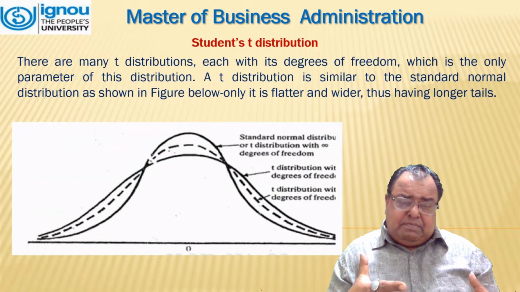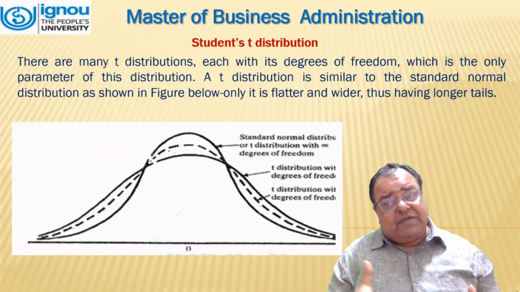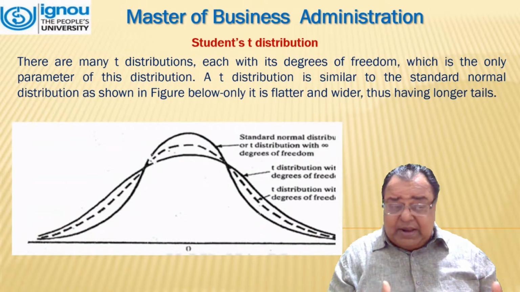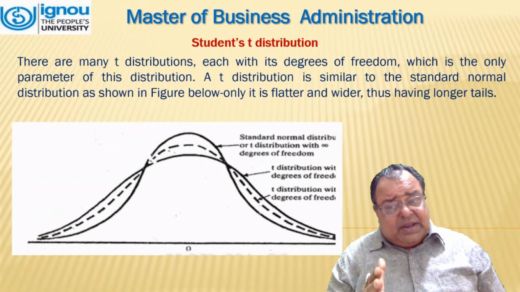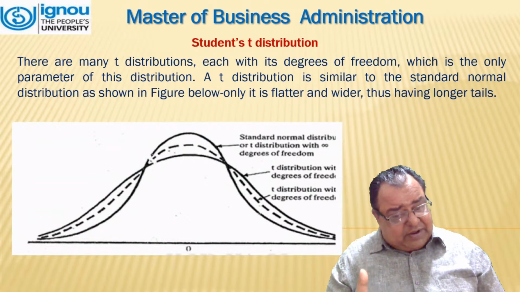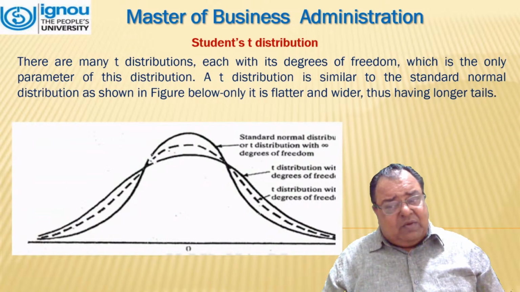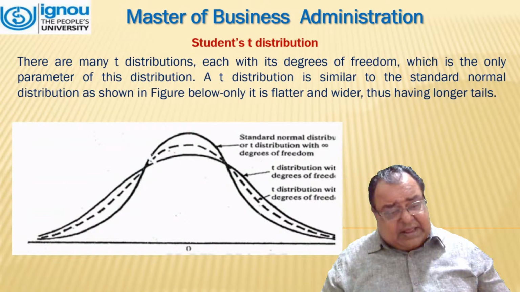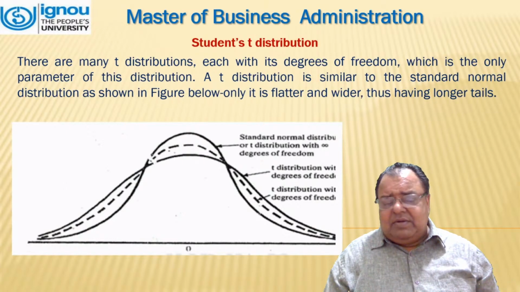There are many t distributions, each with its degree of freedom, which is the only parameter of this distribution. A t distribution is similar to the standard normal distribution, as we can see in the figure. It is flatter and wider and has long tails. It is almost similar to the normal distribution curve.